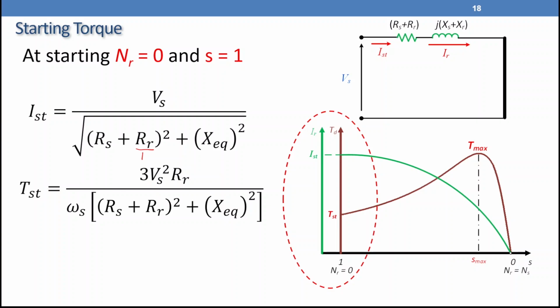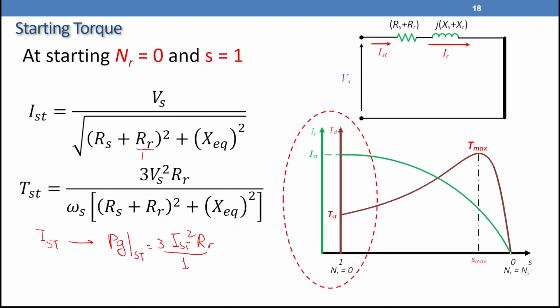This is one of the methods to calculate the starting torque, but some students like to calculate it another way: they calculate I starting and then they calculate P gap at starting, which is 3 I starting square R rotor over S, which is 1. Right? So that one is at starting.